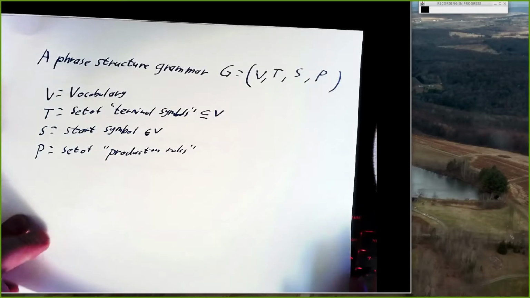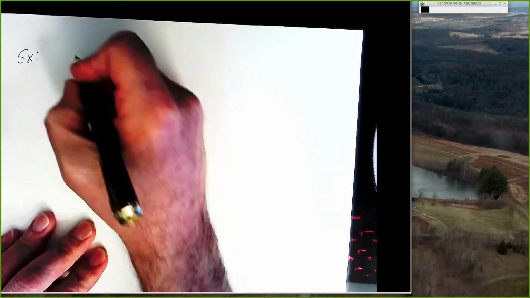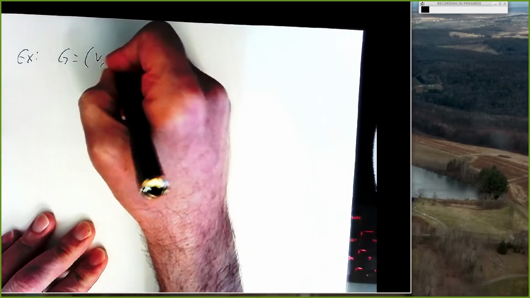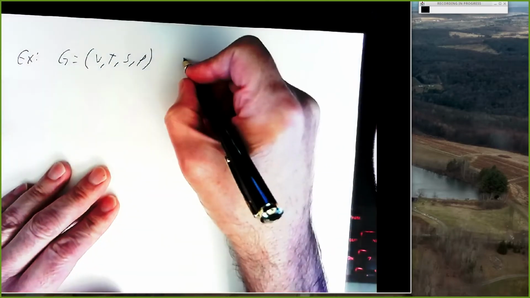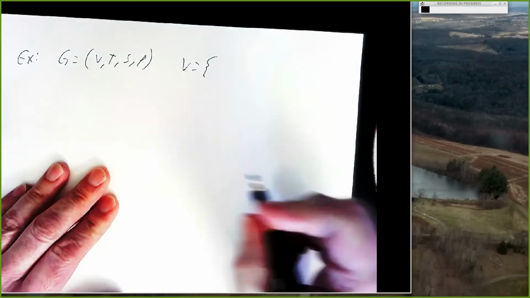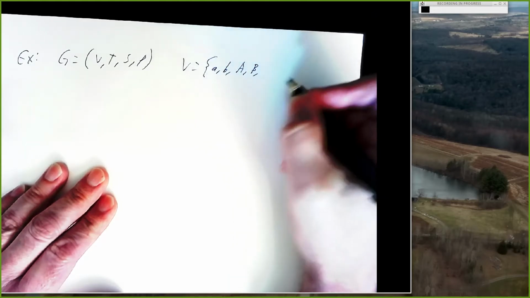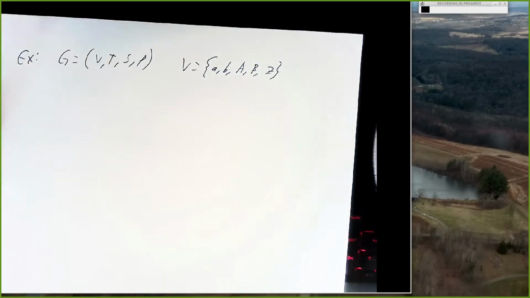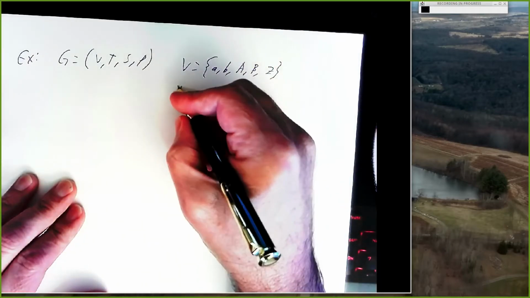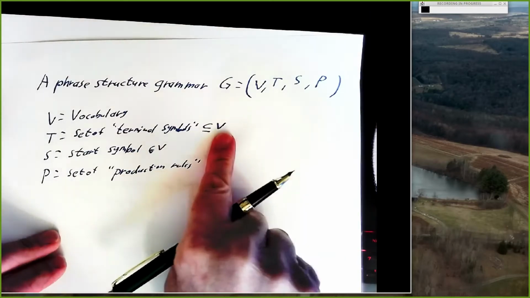So let's just start with some examples, and then we'll get back to the formality later. Here's a grammar, V, T, S, P. For this grammar, our vocabulary is going to be the following set of symbols: little a, little b, big A, big B, and Z. Our terminal symbols will be just little a and little b, so it's a subset of the vocabulary.